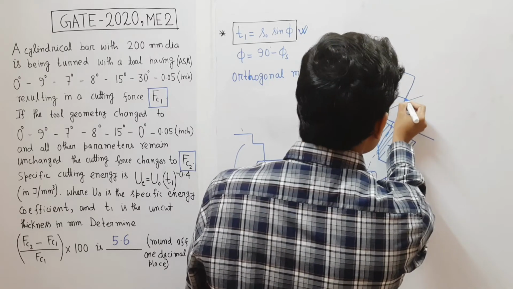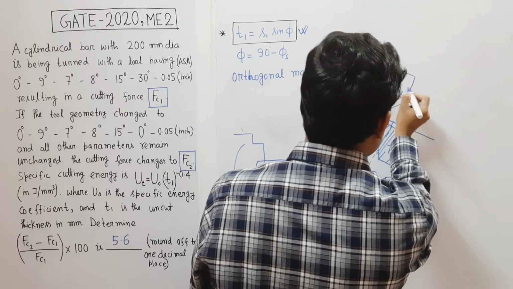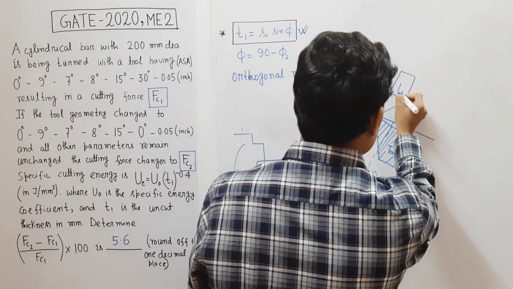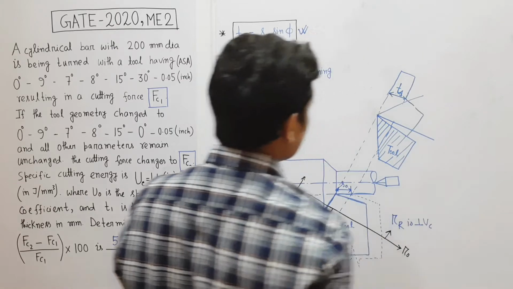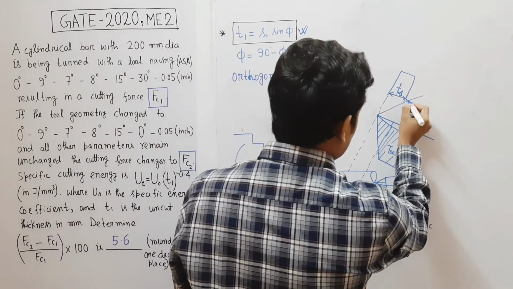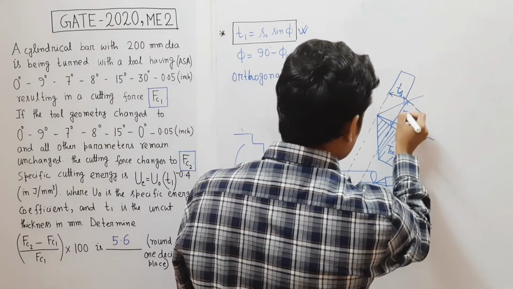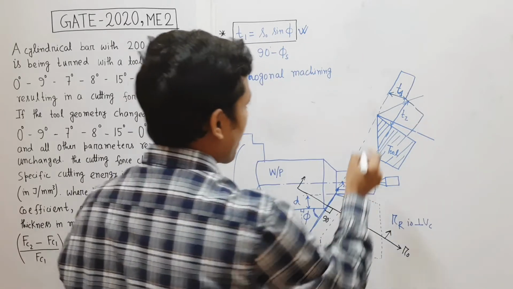This is A1. Sorry, not A1, because here uncut chip thickness is denoted by T1. Generally we denote it by A1. This is T2.